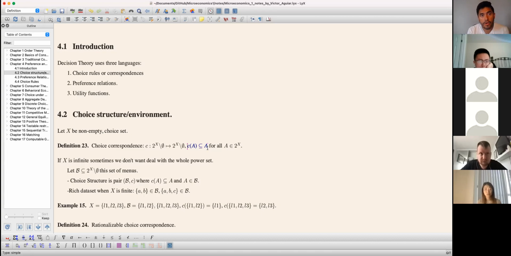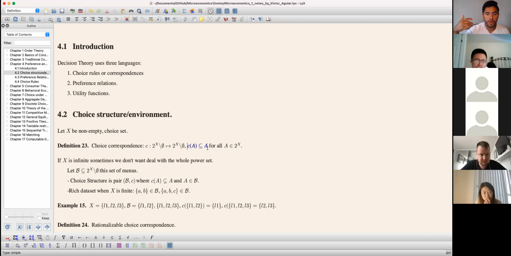Now notice that I'm not forcing the choice to be a singleton. Okay, so you can have more than one item picked, or you can not make up your mind completely and say, I'm indifferent among this set of alternatives inside this menu, right? So this is a choice correspondence.